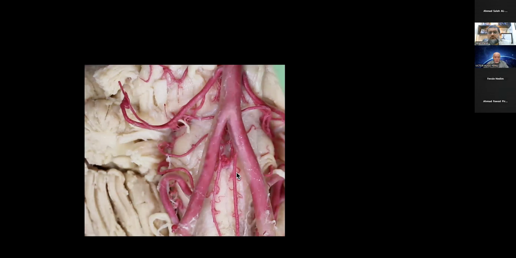In this case, we have two vertebral arteries almost the same size. So the lower cranial nerves, 9, 10, 11, and 12. Here we have the anterior inferior cerebellar artery, the posterior inferior cerebellar arteries, and here we have two anterior spinal arteries. Sometimes we find only one anterior spinal artery.